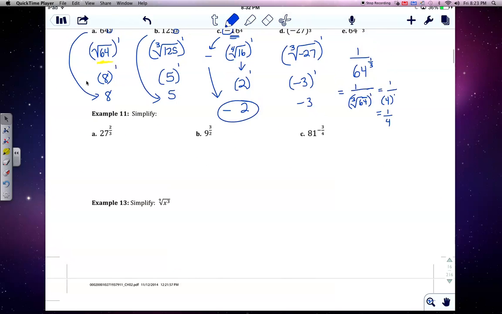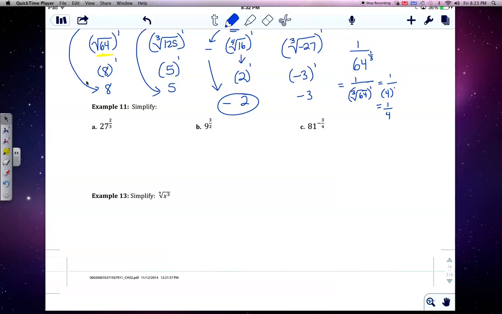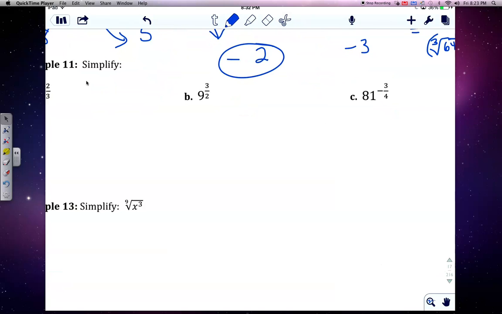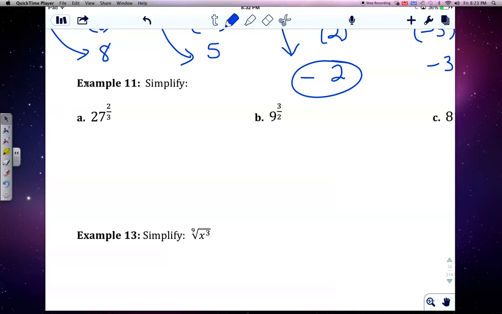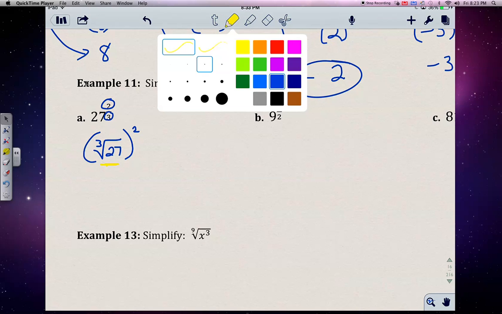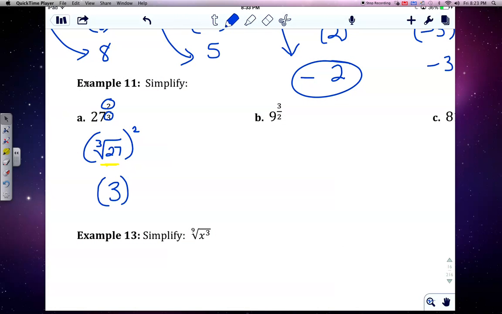Okay, example 11. I'm going to do the same thing. I'm going to go ahead and use my definition of fractional exponents. This 3 means I have a cube root of 27. And this 2 means I have a power of 2 on the outside. So if I just look inside here, the cube root of 27 is 3. And then I square that and I get 9.